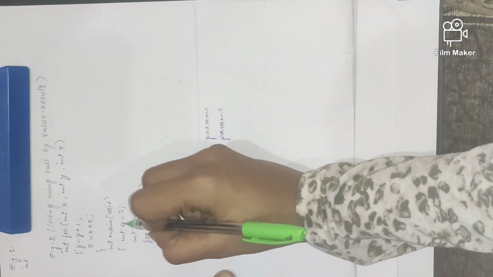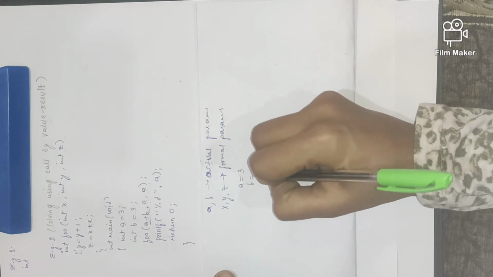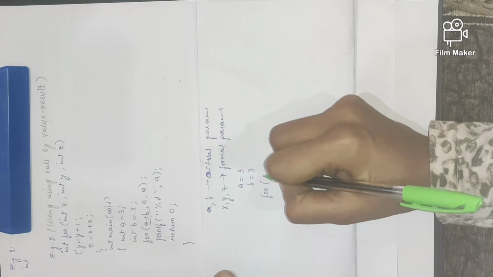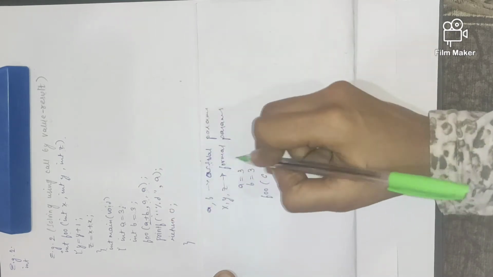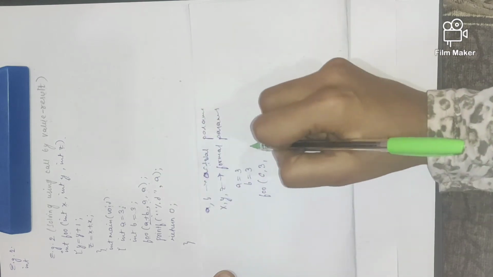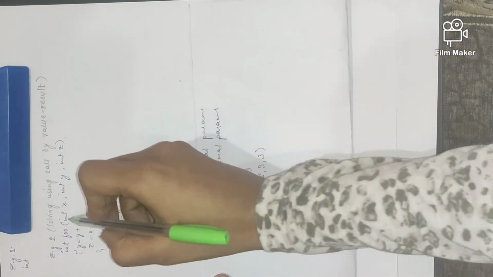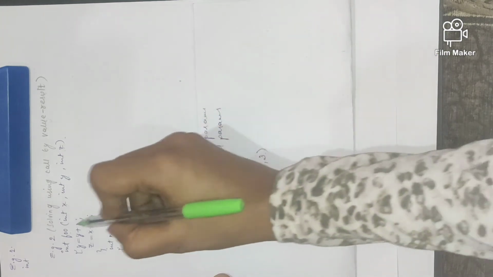So now a equals 3 and b equals 3. foo of a plus b, which means a plus b is 6, a is 3, b is 3. Now when this function is called, foo of 6, 3, 3.